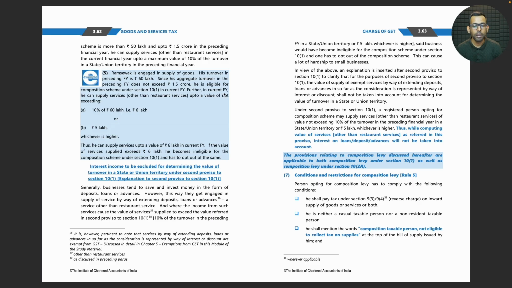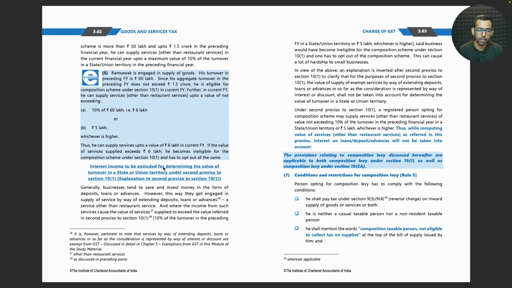Further, in current financial year, he can supply services other than restaurant services up to a value not exceeding 10% of 60 lakhs, that is 6 lakhs, or 5 lakhs, whichever is higher. Thus, he can supply services up to a value of 6 lakhs in the current financial year. If the value of services supplied exceeds 6 lakhs, he becomes ineligible for the composition scheme under section 10 subsection 1.